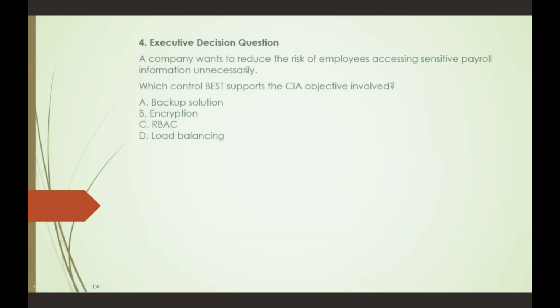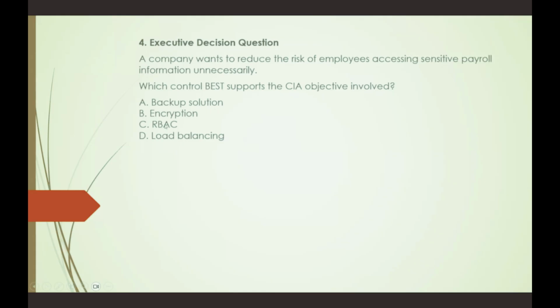A company wants to reduce the risk of employees accessing sensitive payroll information unnecessarily, which means even if you have access, you are not supposed to access it. Just because you have access, it doesn't mean that you go and see the data. So, which control best supports the CIA objective involved?